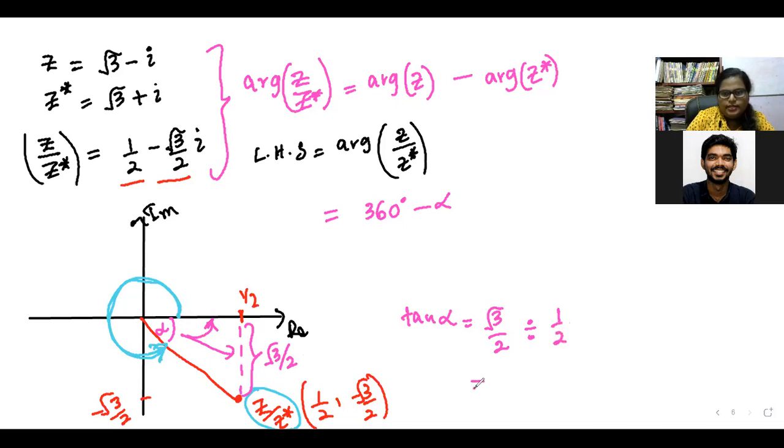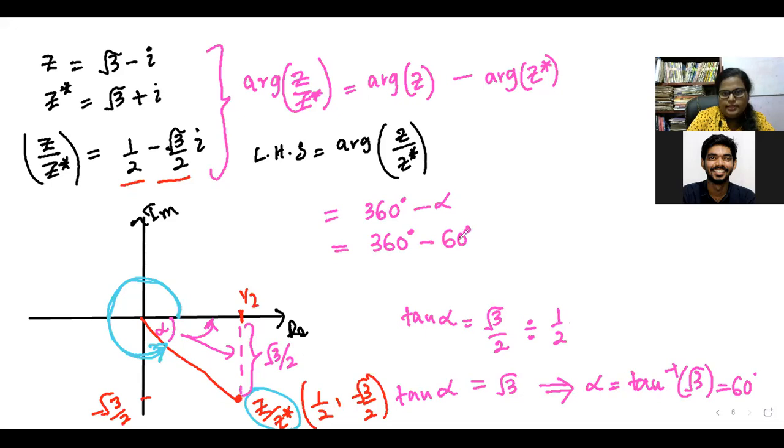So tan alpha equals square root 3, and alpha can be written as tan inverse square root 3, which equals 60 degrees. So we substitute this alpha value: 360 minus 60 equals 300 degrees. So we proved that the LHS, left hand side, equals 300 degrees.